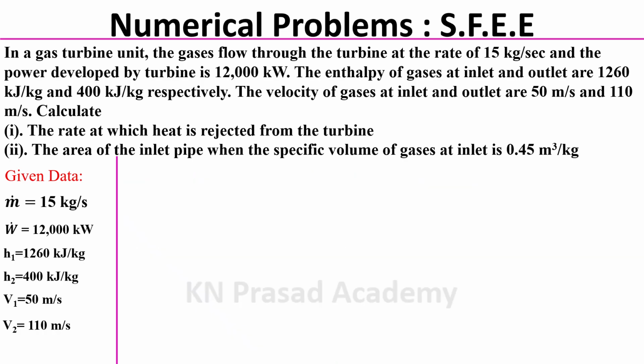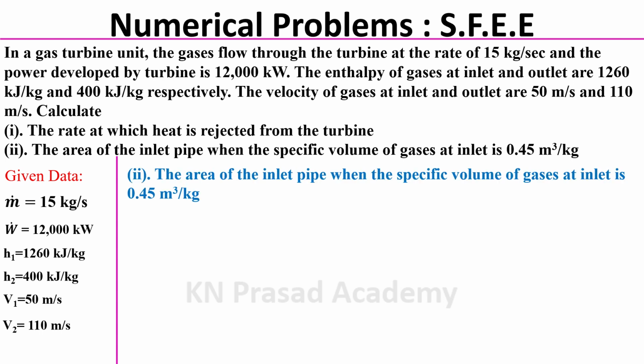So let's see the next question: the area of the inlet pipe when specific volume of gases at inlet is 0.45 meter cube per kg. So we have to determine the inlet area A1, and given the specific volume of the gases at inlet, nu1 equal to 0.45 meter cube per kg.